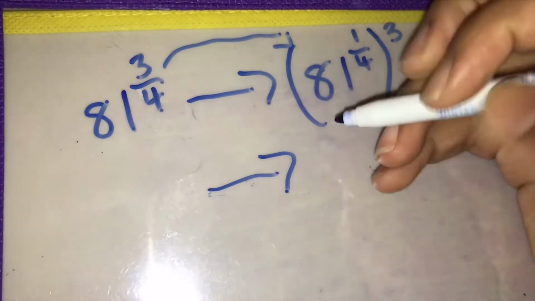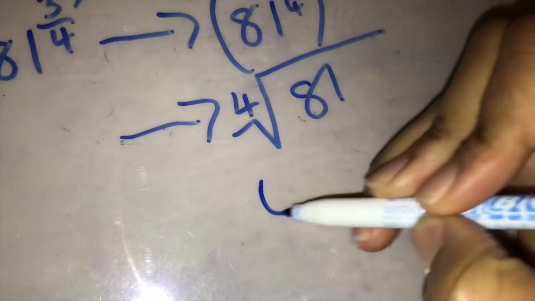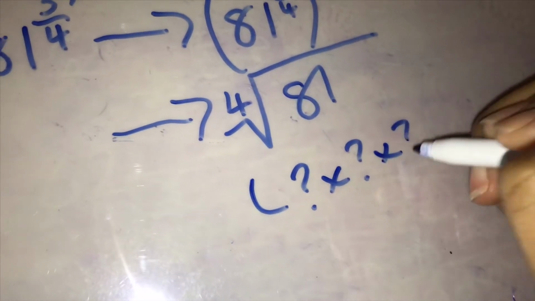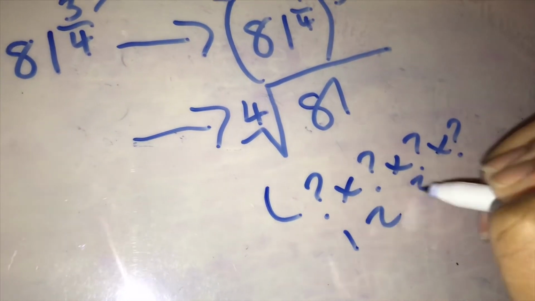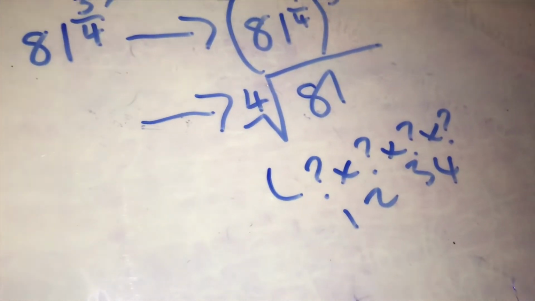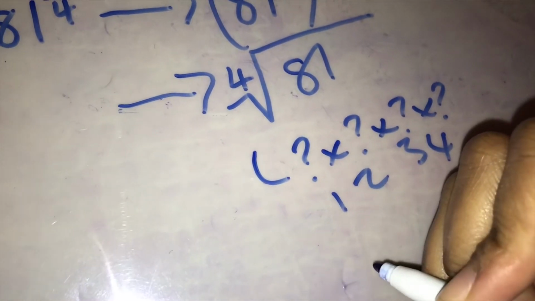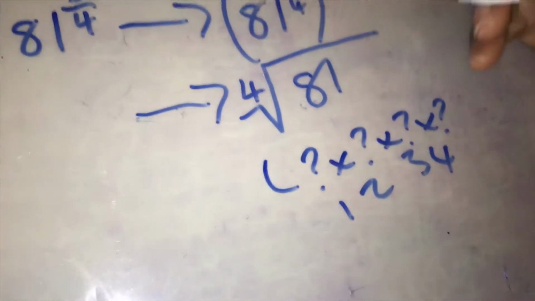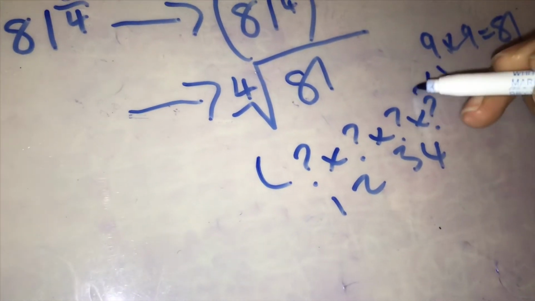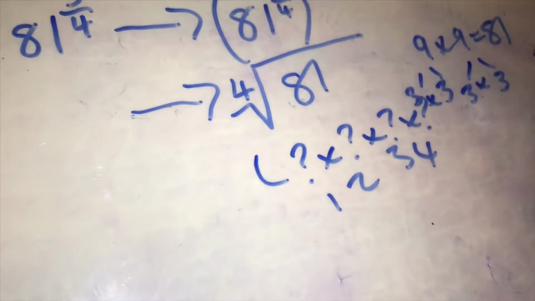For the fourth root, it's something times something times something times something equals 81. So I'm going to try 3, because I know that 9 times 9 is 81. If I split these off, 3 times 3 is 9, 3 times 3 is 9. So it's going to be 3.